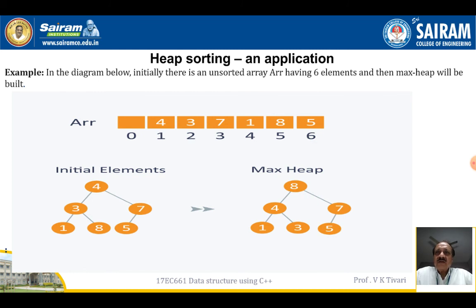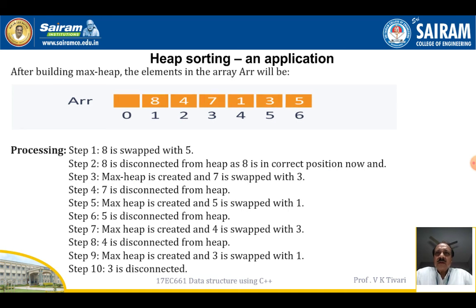We have an array with positions 0, 1, 2, 3, 4, 5, 6. The elements are stored as given down here. The initial elements and the maximum heap figure are shown very clearly. What is building a maximum heap in the array? The final array will have positions 0, 1, 2, 3, 4, 5, 6, with stored values 8, 4, 7, 1, 3, 5.